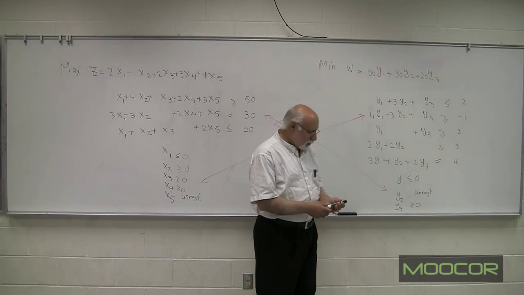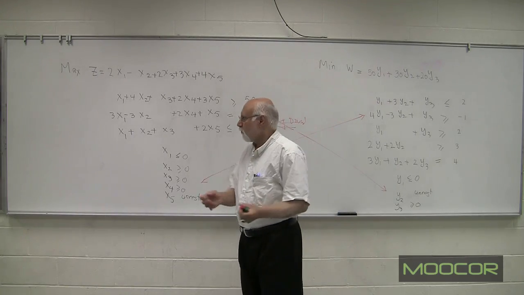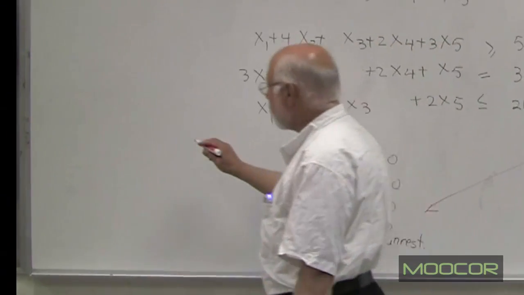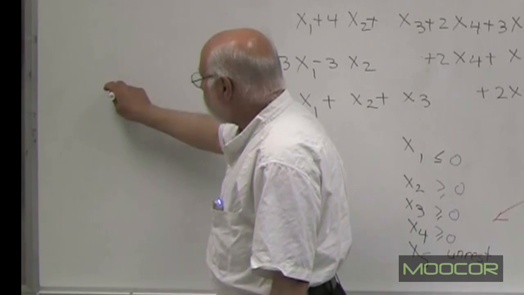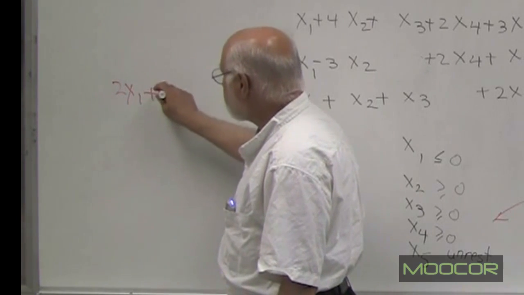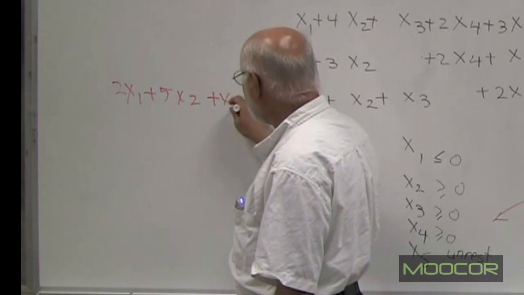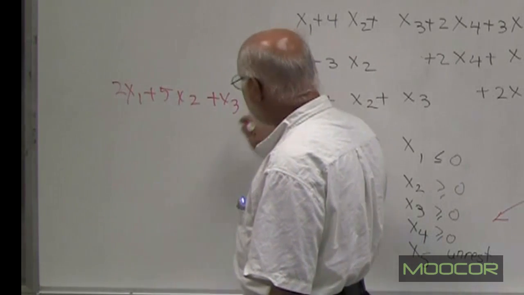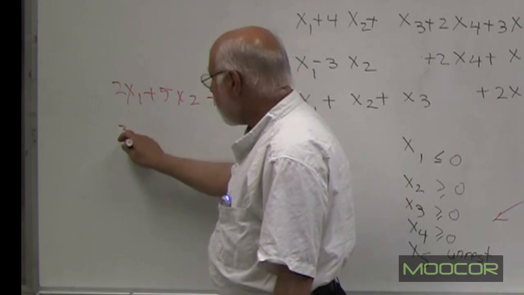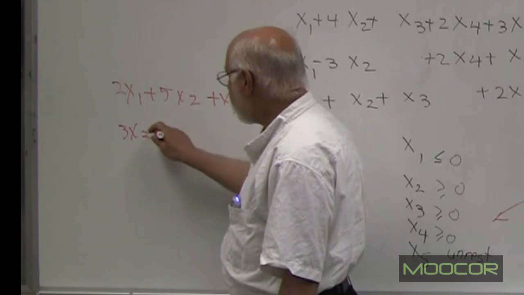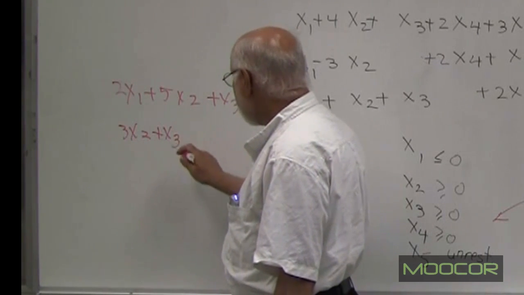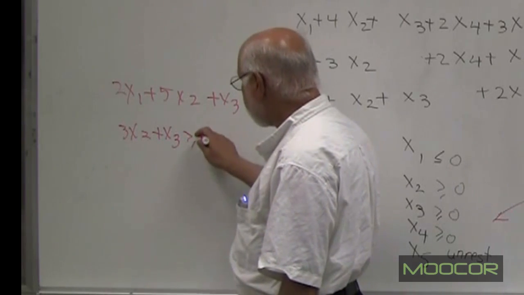So if you are getting, for example, a problem which is in this form, 2x1 plus 5x2 plus x3 less than or equal 10, and then you have 3x2 plus x3 greater than or equal 15.